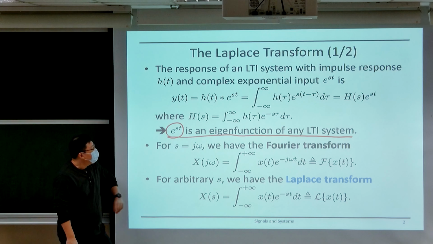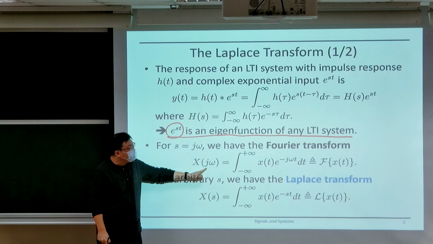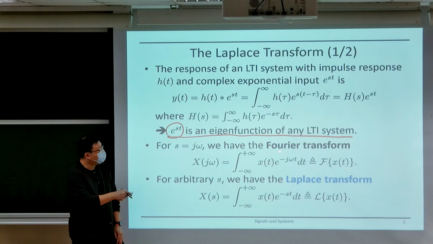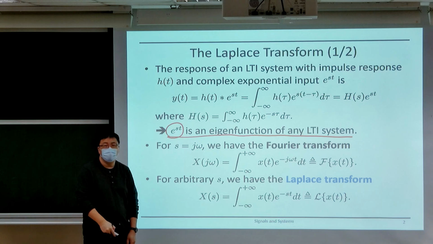Now, if s is j omega, then what we have is exactly the Fourier transform of h of t.